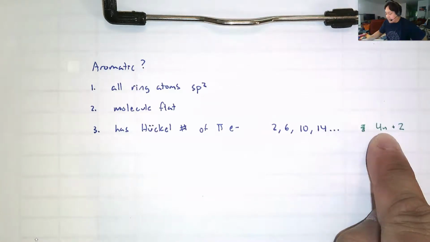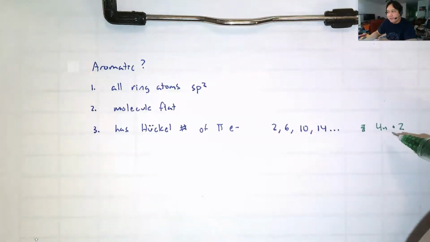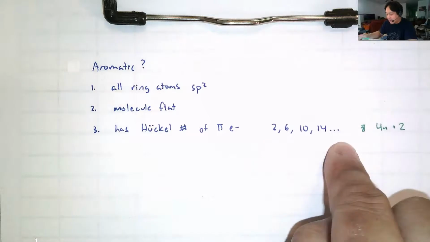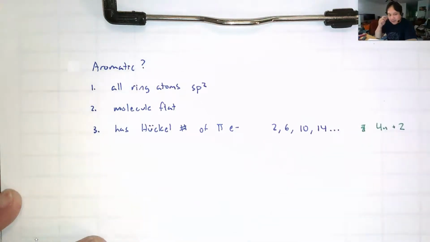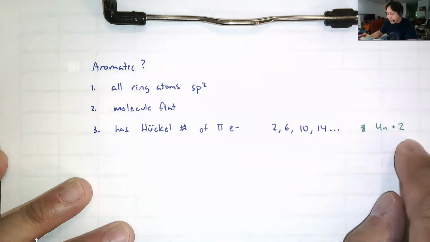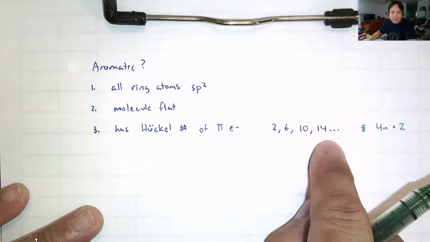If n equals 1, that's 6. If n equals 2, that's 10. This n doesn't mean anything. It's just a formula to help you memorize the actual numbers. I don't typically like Huckel's rule. It says you have to have 4n plus 2 pi electrons. I would just rather know that you start with 2 and you add 4 each time.